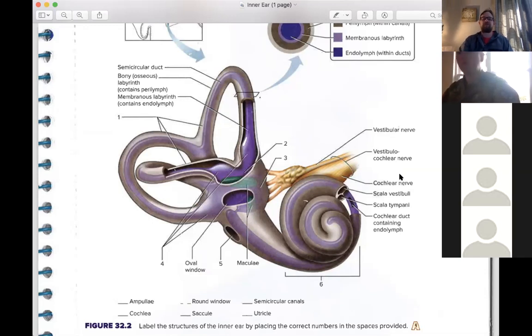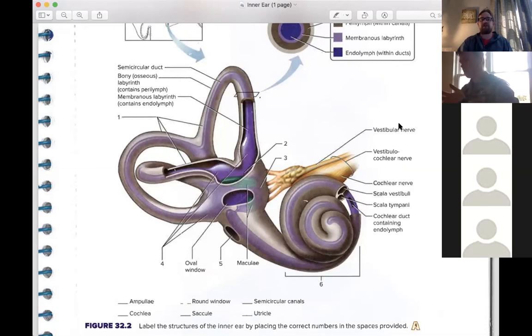All right, cool. So let's talk about equilibrium first. For equilibrium, there are 2 types: static equilibrium, and something called dynamic equilibrium.